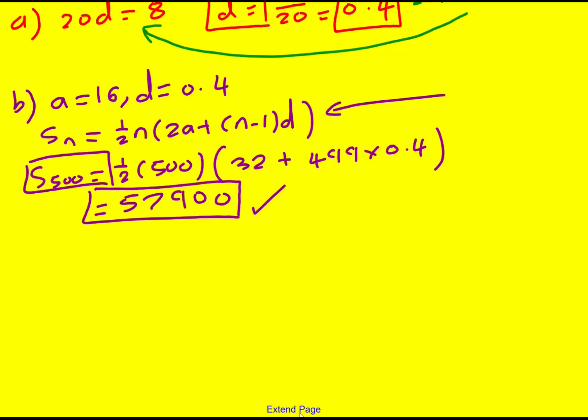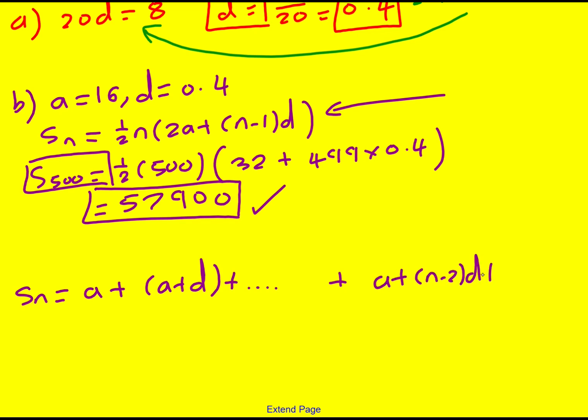So the sum, like I said before, is going to be a plus d, and so on, up to the last two terms, a plus (n minus 2)d and a plus (n minus 1)d. But what we can do is reverse this sequence.